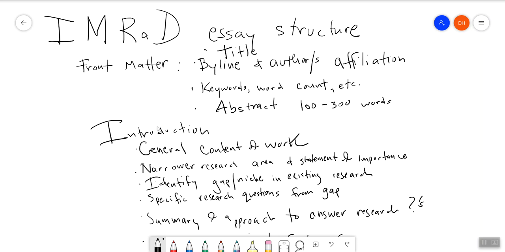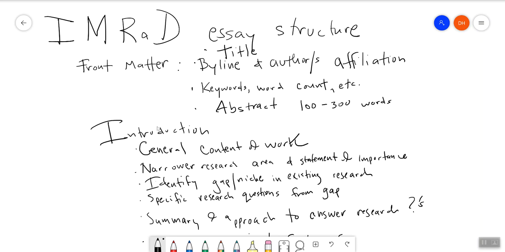Now, if you're writing in the humanities, this structure will not apply to what you're doing because, as you'll see, the humanities deal with very different subjects, very different uses of facts and information and data.